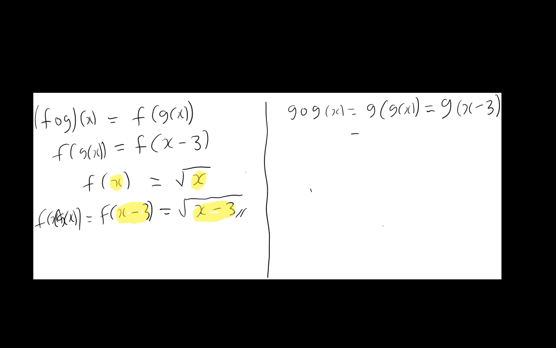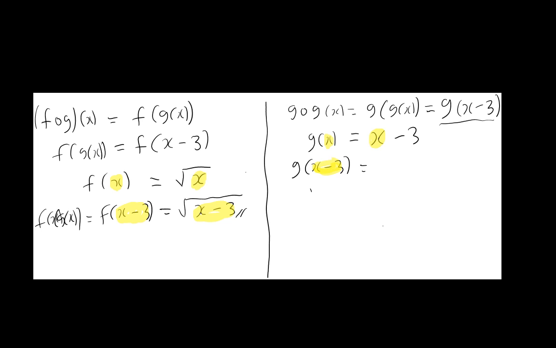Then remember, let's write our g. Remember that our g of x is just equal to x minus 3. But now what we want to compute is g of x minus 3. If you look here, whatever our input is, we just subtract 3 from it.